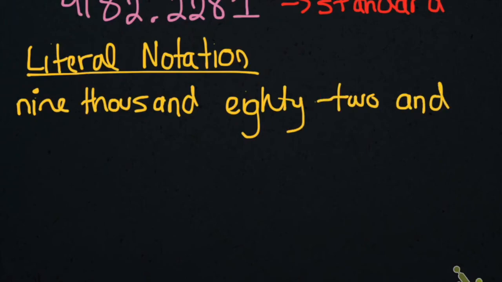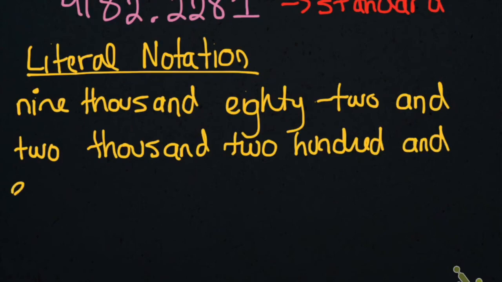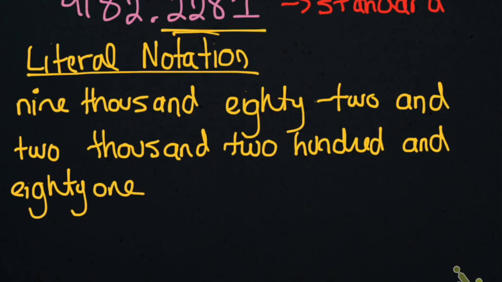And with that decimal, and 2,200. I'm going to write and 81. And remember, because we are past the decimal here, we're going to add the place that it's in. And in our case, I told you that it was in the 10,000ths. So we're going to write 81 10,000ths.